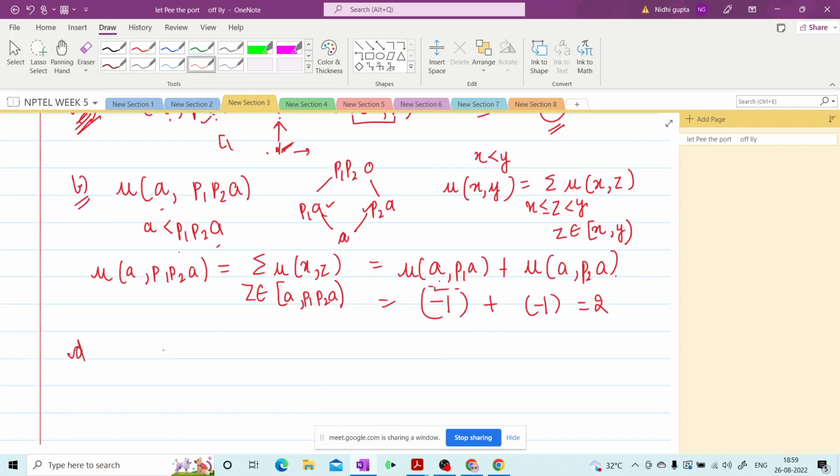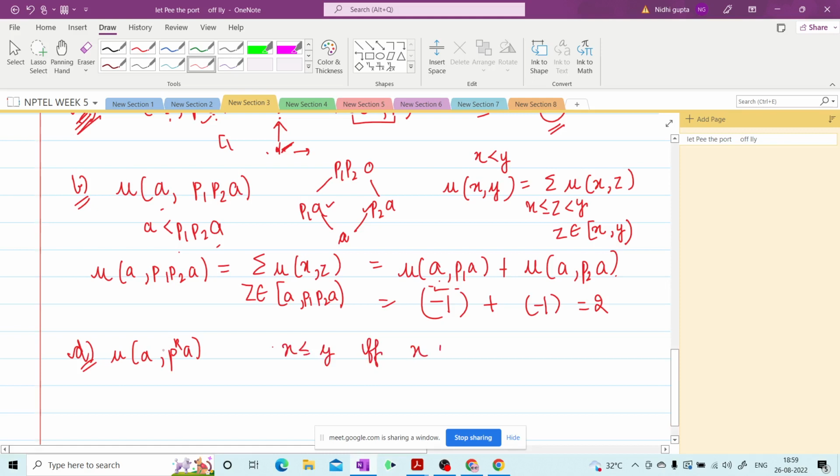D part says, so I'll correct what I did earlier. So A pKa. First of all we have this relation that x is less than or equal to y if and only if x is a factor of y, or x divides y.